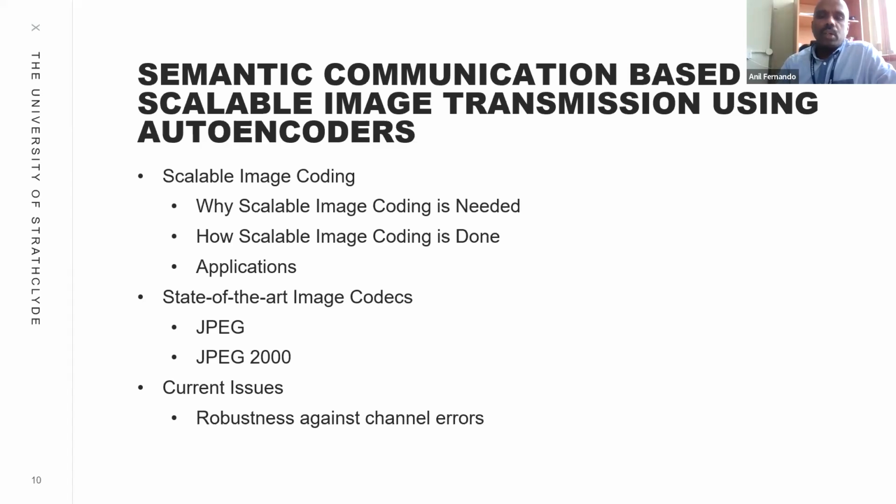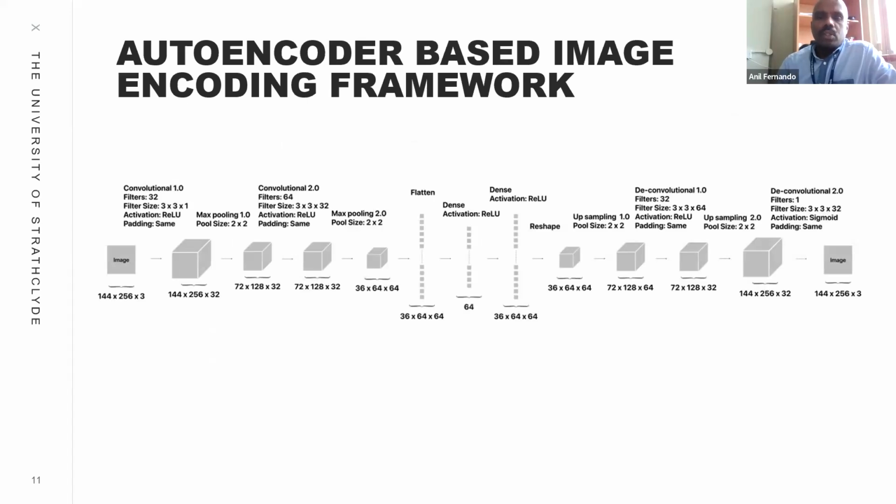The state-of-the-art codecs at the moment are available from JPEG or JPEG 2000, and within this context, we are comparing results against the state-of-the-art. So this is a classical autoencoder-based image encoding framework. We have two convolutional layers together with two max pooling layers to generate a latent vector with a size of 64 by 1.